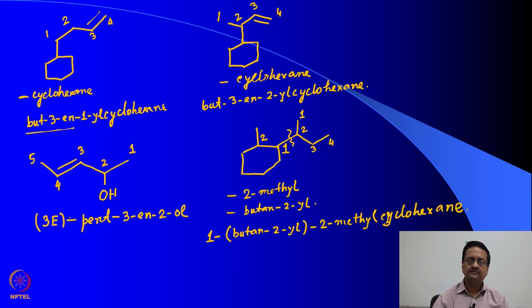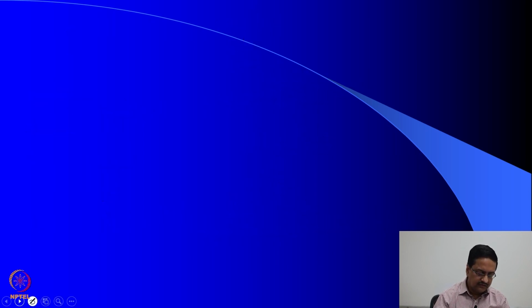So, this is how one should logically follow the rules that we have learnt in the first couple of classes and try to write the names of different organic compounds. Now, look at the next set of molecules, which are very interesting, because they all look very similar, but their numbering schemes are going to be slightly different. So, the first molecule that I am drawing is like this.